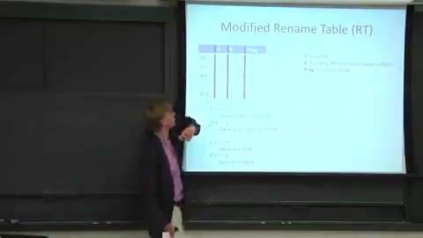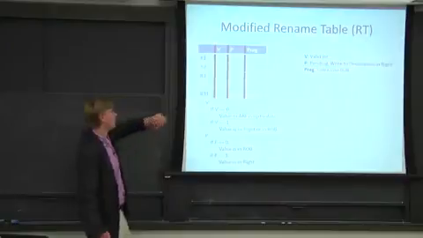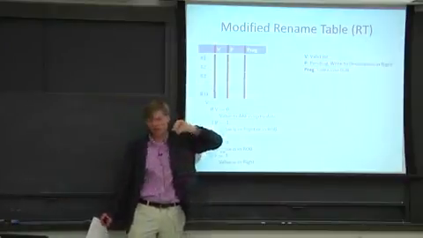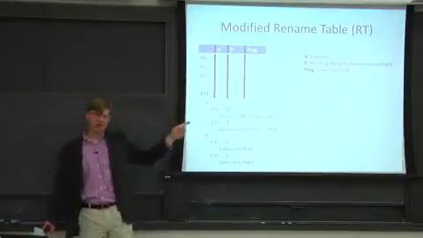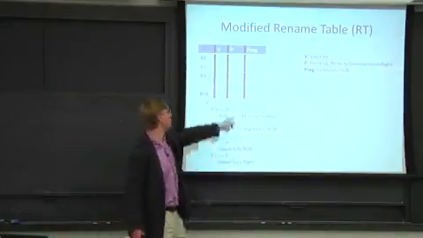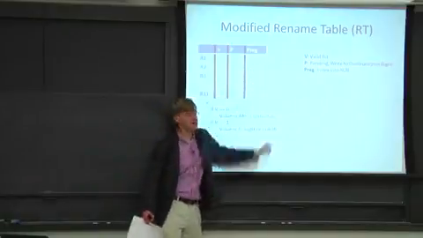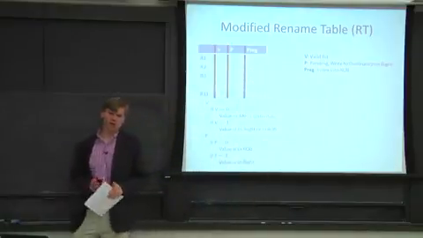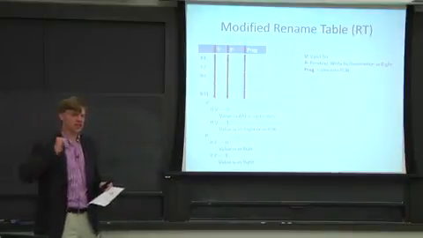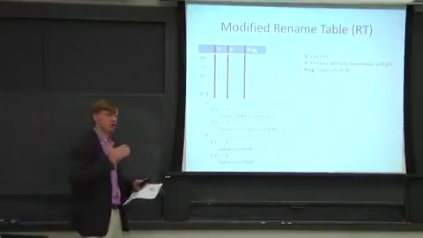There's a couple different places where it's going to tell us to go look for it. It's going to tell us either it's in flight, and it's going to put in the identifier into the reorder buffer. So it's going to say when that value gets into the reorder buffer and the instruction transitions to finish, but maybe not yet committed, it's going to tell us where to go get it.